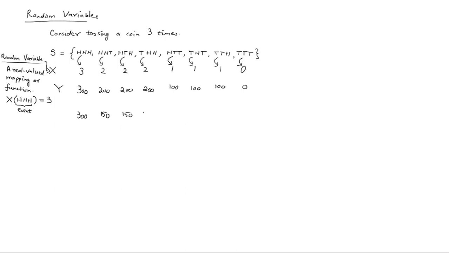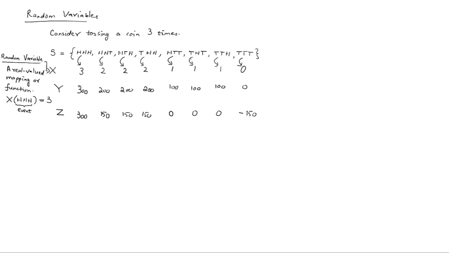Fourth event? 150. And then the last: minus 150, 3 times. Let's call this a random variable as well. Let's call it Z.